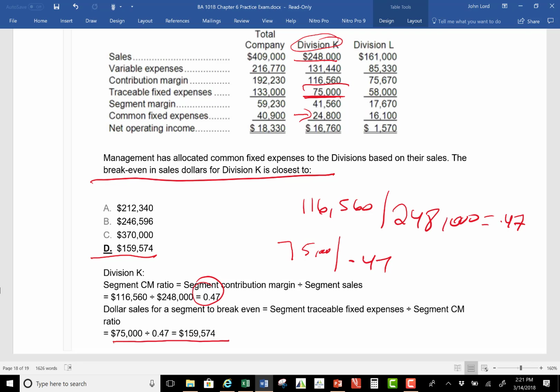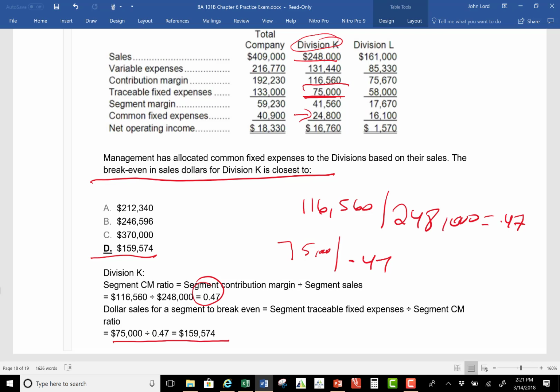If they're allocated like that, then by definition they're not truly common. If it was a true allocation, if it was traceable and meaningful, then it should have been treated as traceable, not common. That's not to say you would never allocate common costs, because as I've stated about five times now, for financial reporting purposes it would be reasonable to allocate those costs.